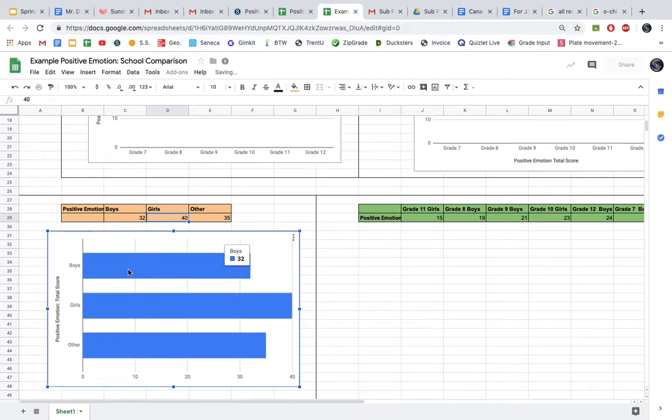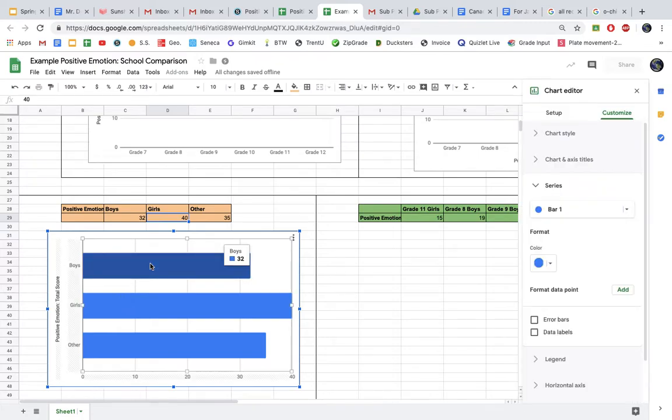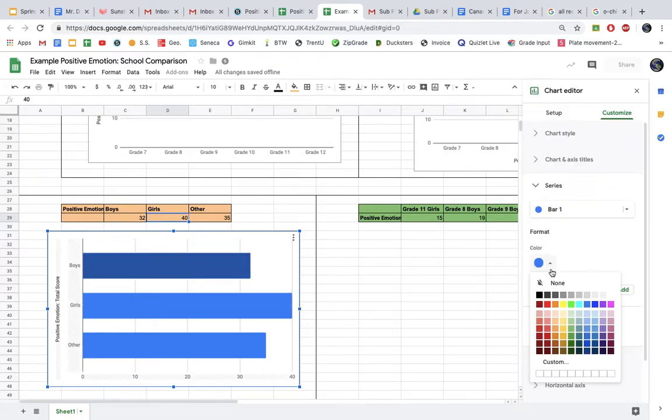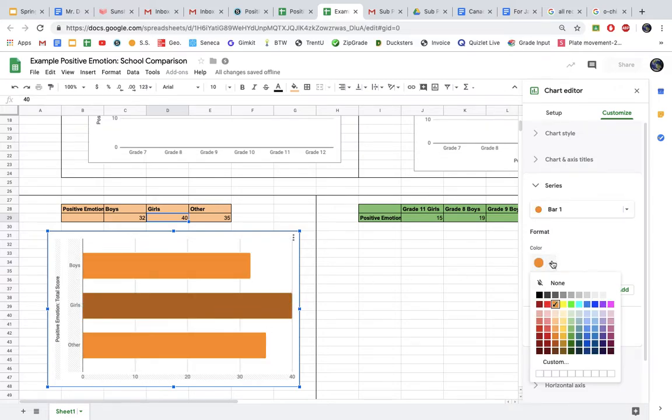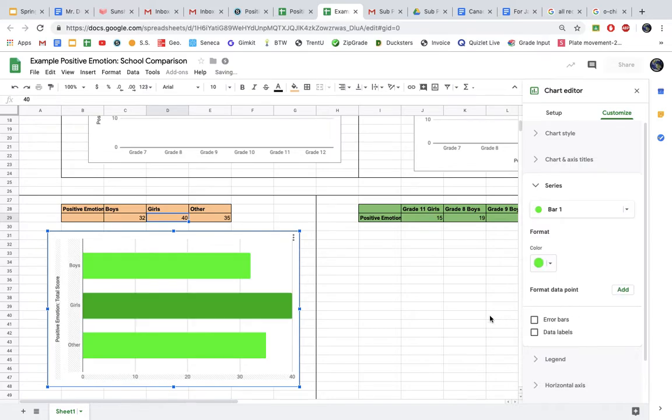Now we've got it all in blue. Once again, if you want to change the colors, double click. Let's do kind of a rainbow thing. Let's go orange. Oh, okay. Then this one, let's do green. Hey, it's highlighting the whole thing. I wonder if we can just do one at a time. Seems to be doing the whole thing together.